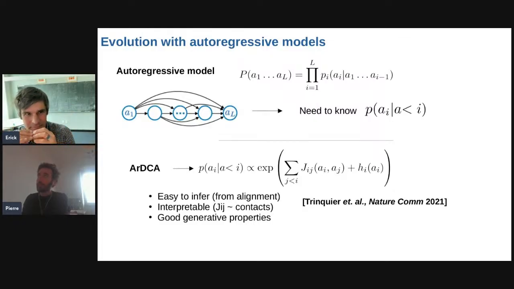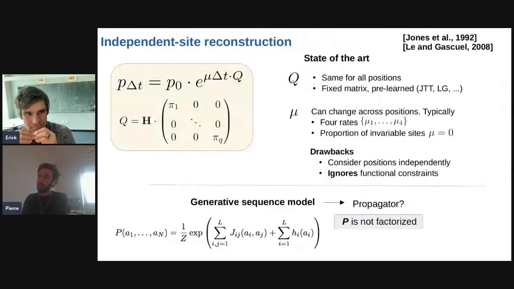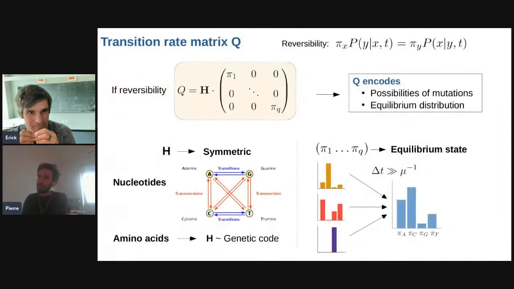So we did not do this at the level of nucleotides, but we did include some terms that come from the genetic code. What I said in the beginning is that in these matrices, you have one part that is the equilibrium distribution, where we put the autoregressive probabilities.